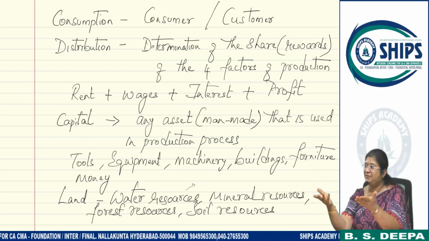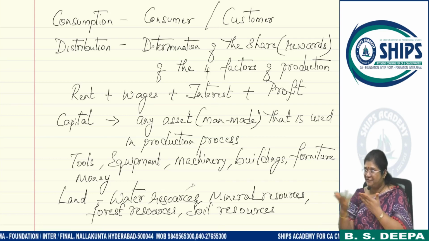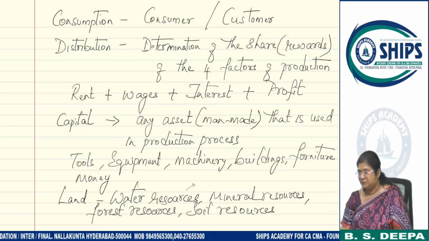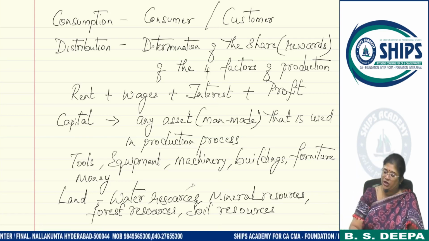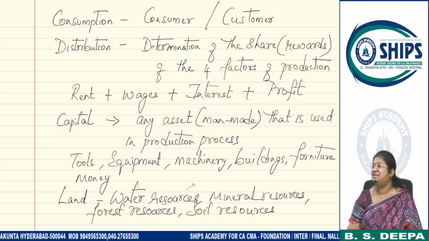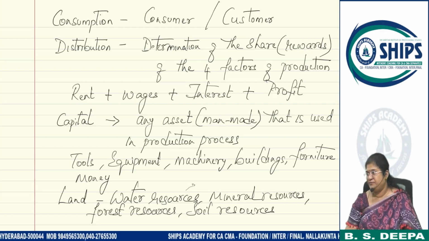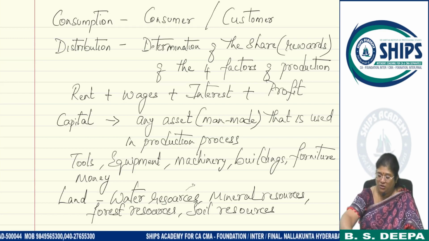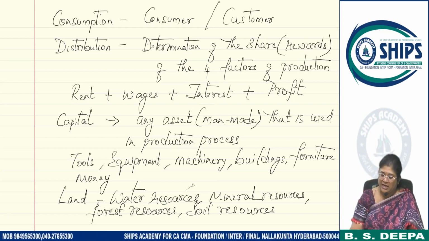So water for them is nothing but land. It's a factor of production for them. So this is where we are talking about water resources, mineral resources, forest resources and soil resources. So again, the basic terminology.